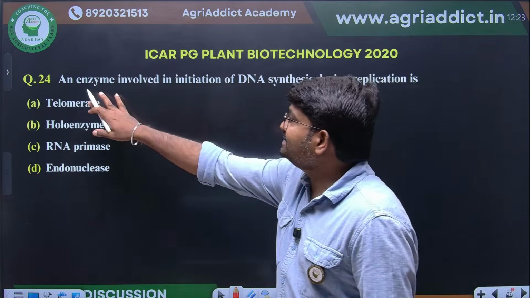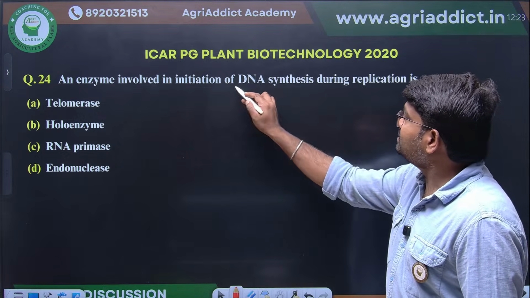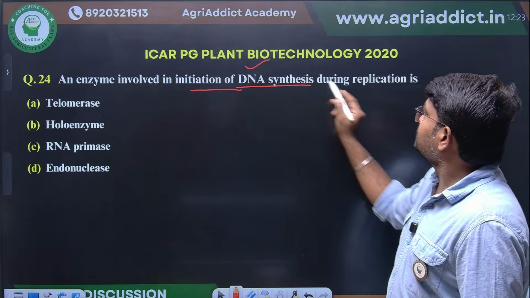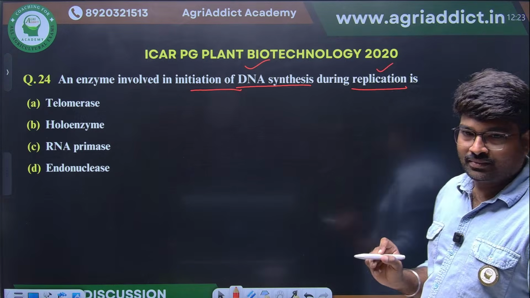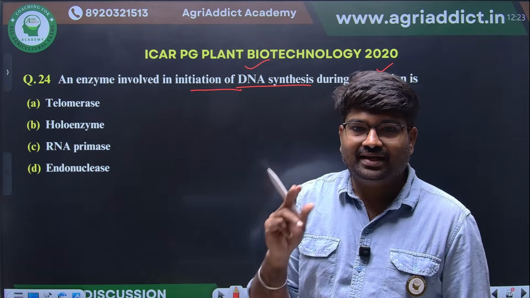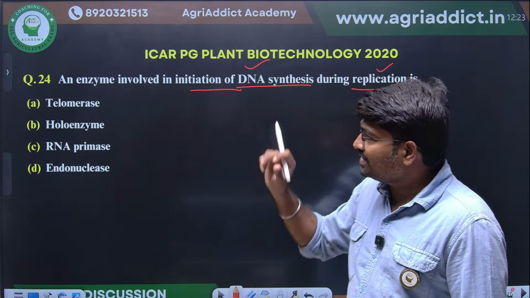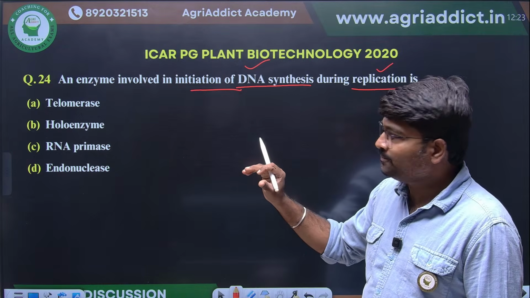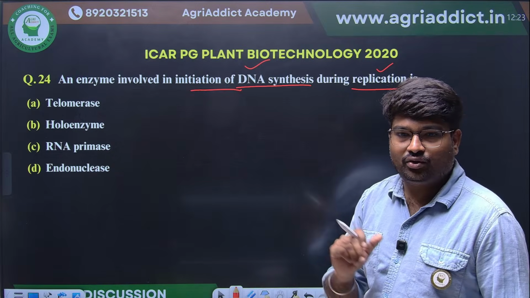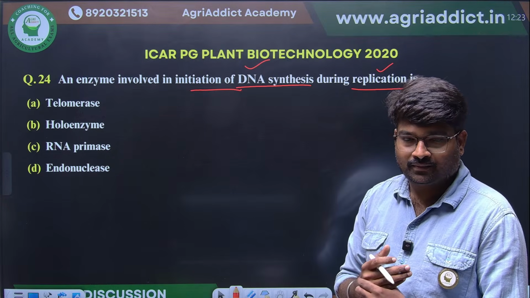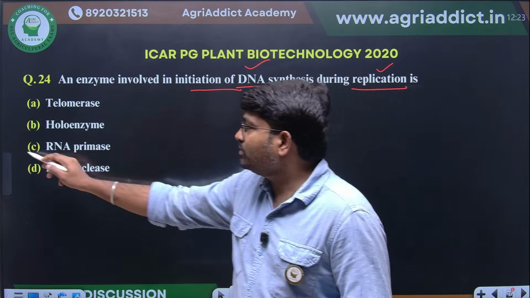Okay. An enzyme involved in initiation of DNA synthesis during replication. Which enzyme will be involved in initiating DNA synthesis during replication? Whether it's telomerase, holoenzyme, RNA primase or endonuclease. What will be the answer? Yes, very good, RNA primase.